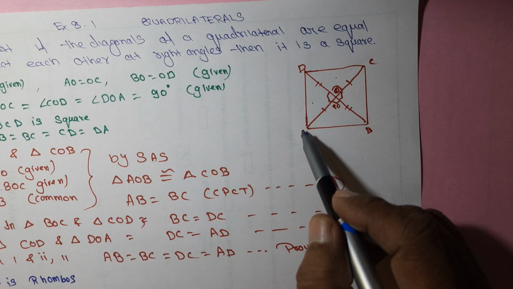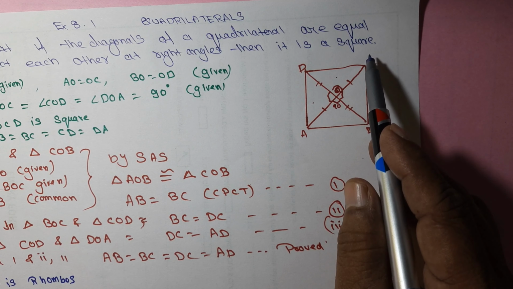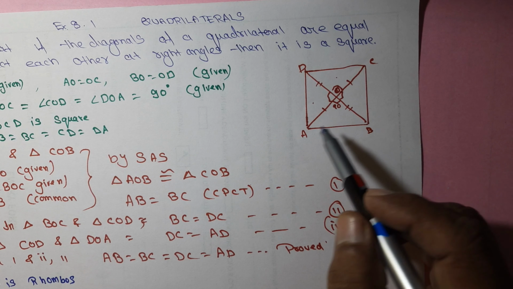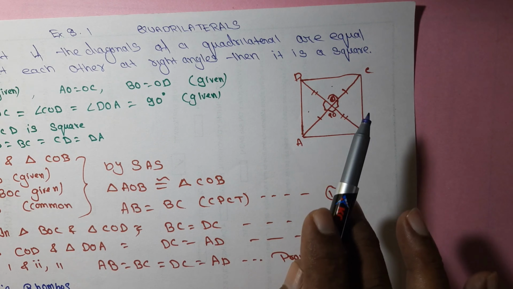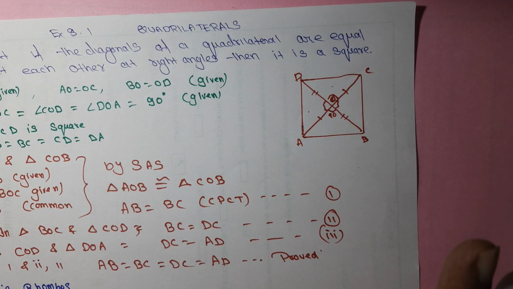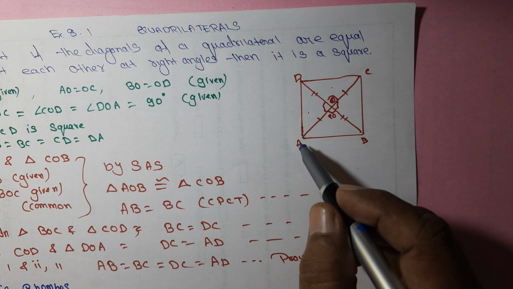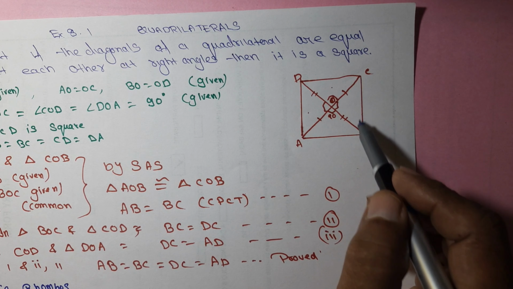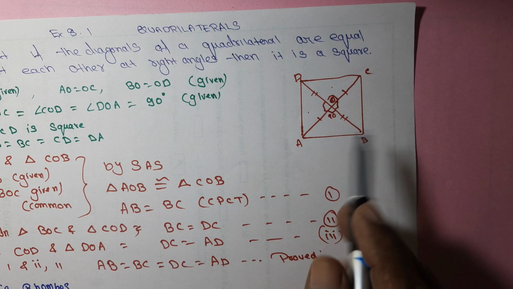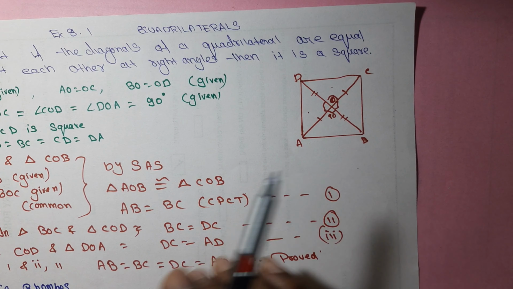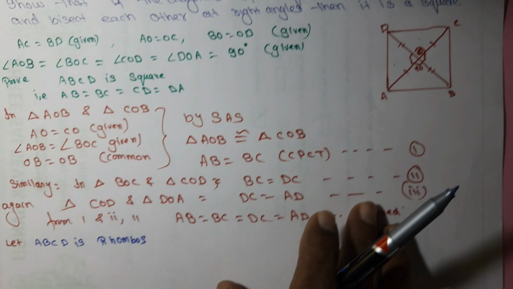Either we take ABC and we'll take BAD, because we have to choose such two triangles in which one side should be common. So if we take this triangle ABC and this triangle, in which AB is common. So we have to choose such triangles because it will be easy for us to solve the remaining part.